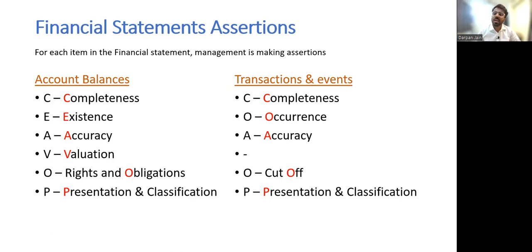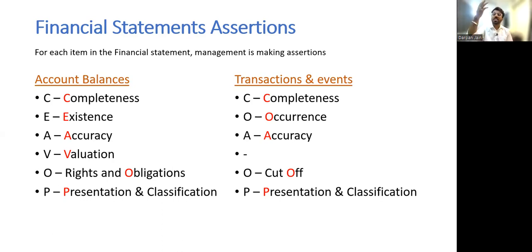For example, let's say the company has recorded 20 plant and machineries. A total of 20 are shown in the balance sheet. Whether all 20 of them exist or not, or have they included some fake plant and machinery in order to overstate their assets?